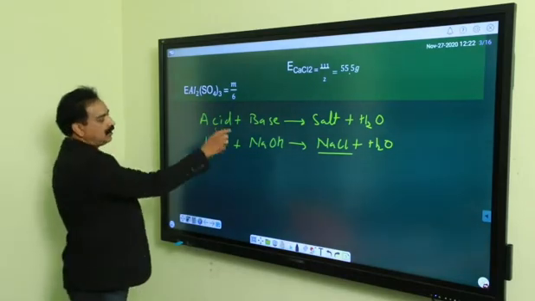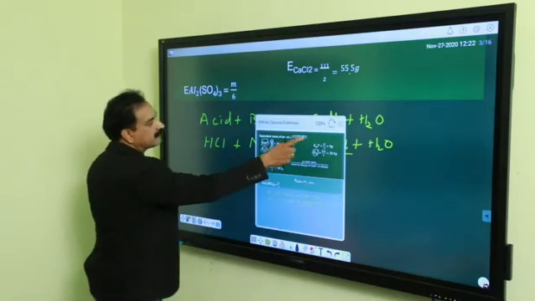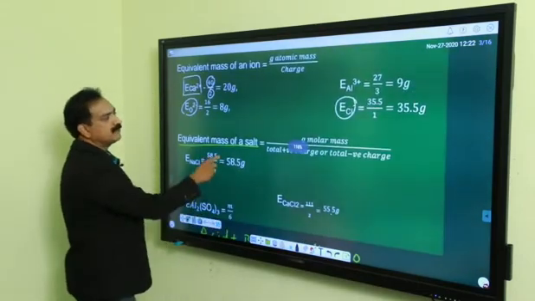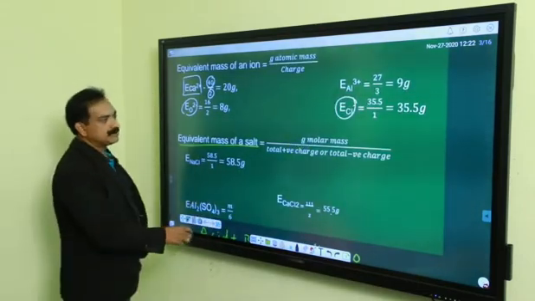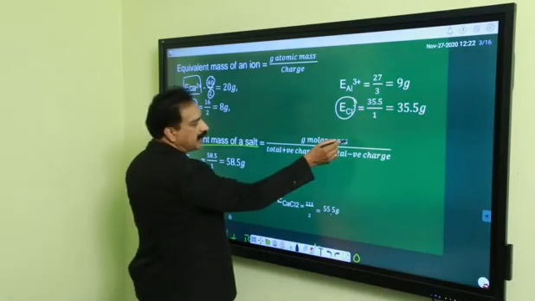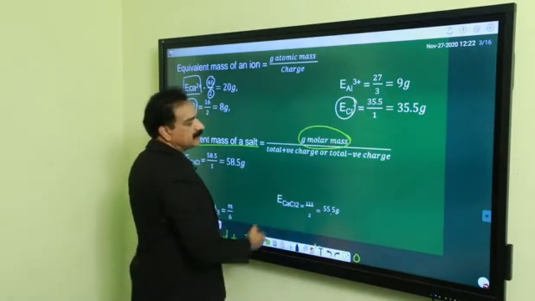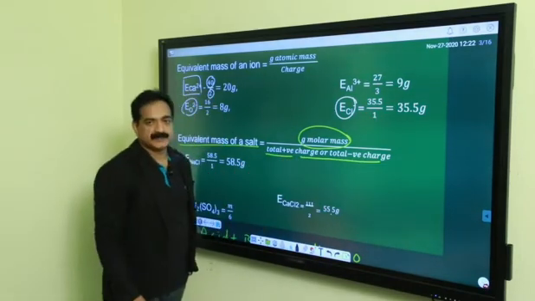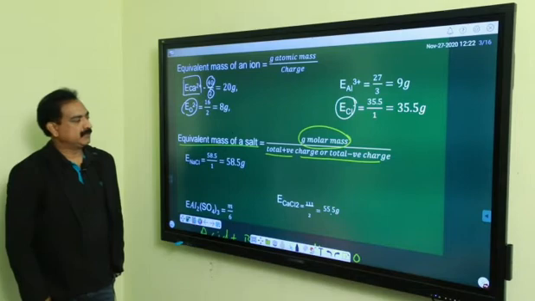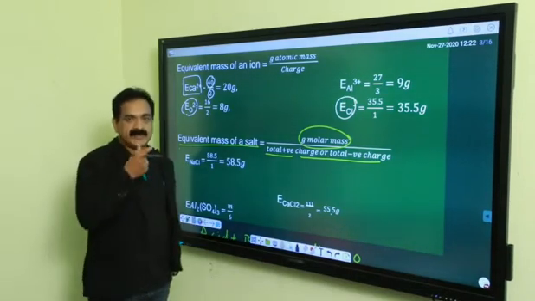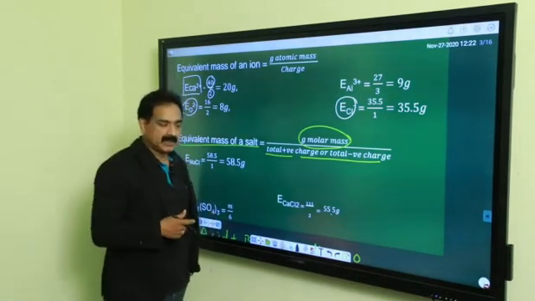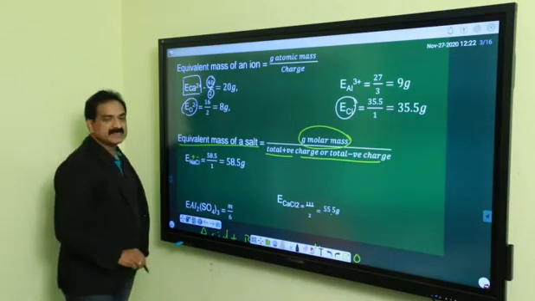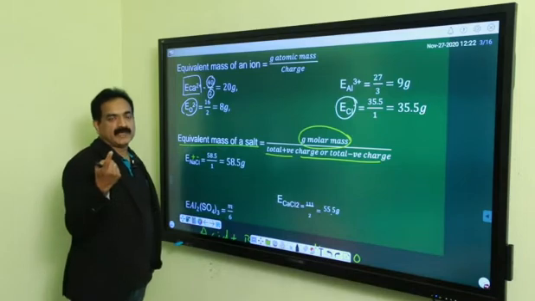Now for a salt, if we want to calculate the equivalent mass, it is given by its molar mass divided by the total positive or total negative charge. Like for NaCl, it is Na positive and Cl negative, 1 positive or 1 negative.